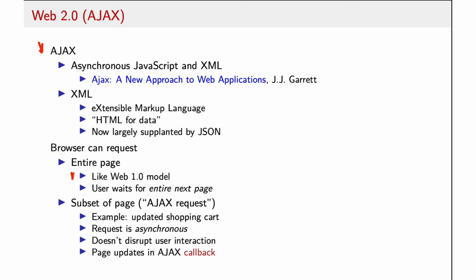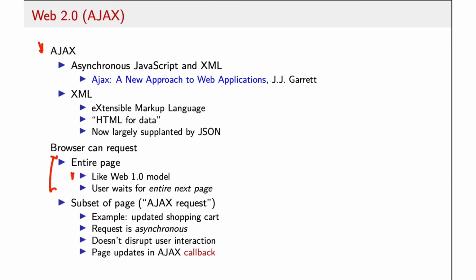What AJAX allowed, instead of that kind of page at a time approach, was to let you request subsets of the page. So for example, if you had an e-commerce page that had the header and the menu bars and the graphics and today's specials and all that kind of stuff, there might be an area on that page that might display, for example, your current shopping cart. That might be a table that's embedded inside that HTML.